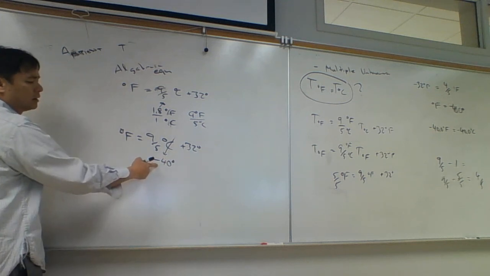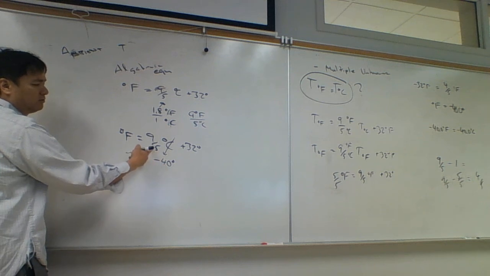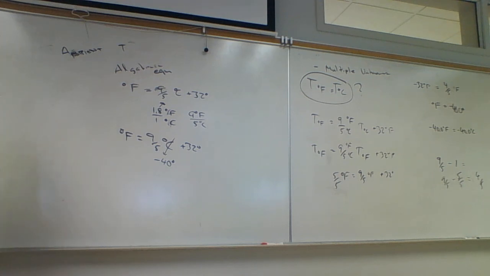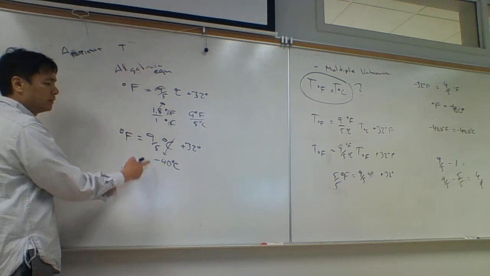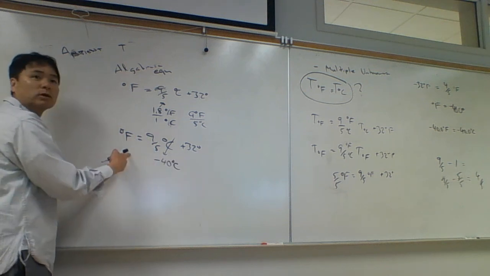Take minus 40 times 9 divided by 5 plus 32. Well, what do we get? So this is my degree C. So if I do 9 times 40 divided by 5 plus 32, I get negative 40 degrees Fahrenheit.